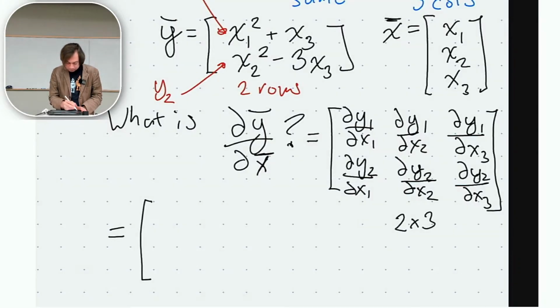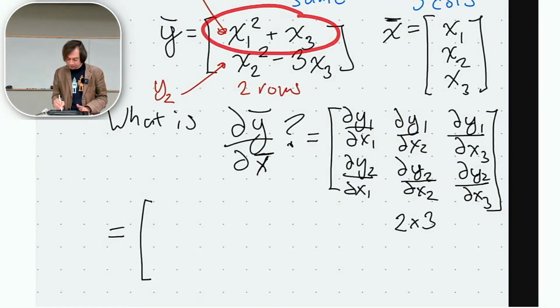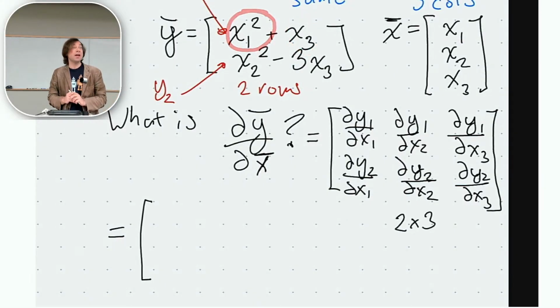So partial y1, which is this, partial x1. Remember, partials are the easy derivatives, where everything that isn't that variable is a constant, which means that the top here, x3, is a constant with respect to x1. So that derivative goes to 0. You're only taking the derivative of x1 squared with respect to x1, which I'm sure you all know is 2x1.